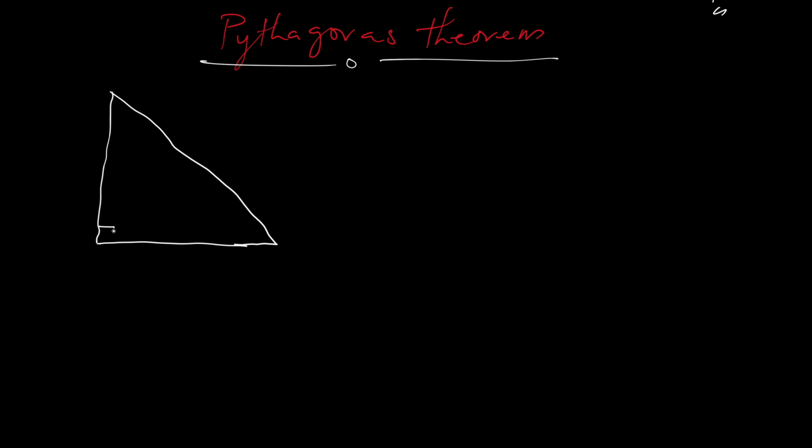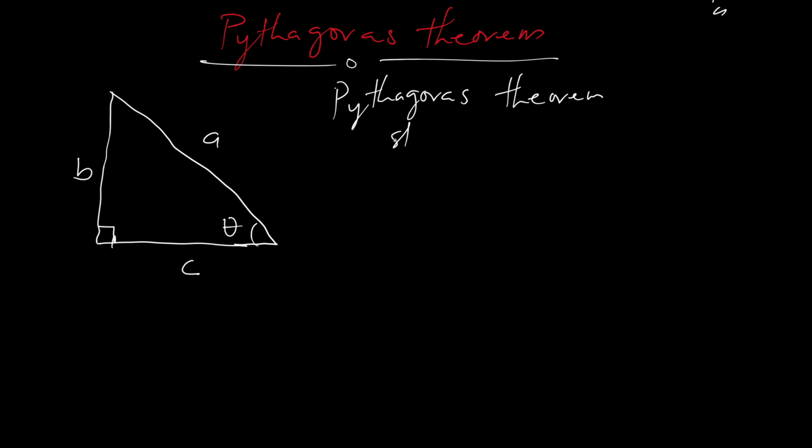We have our 90, then we have our hypotenuse to be A, our opposite to be B, and our adjacent to be C. Now, Pythagoras theorem states that this distance, which is A squared, is equal to this distance, which is B squared plus C squared.